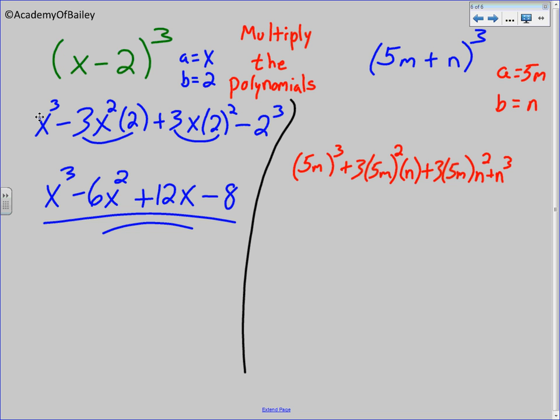Checking over the exponents just to make sure I have them written down properly. Signs are right, and let's go ahead and simplify. 5 cubed is 125. Let's see, we have 5 squared, which is 25, multiplied by 3, which will give us 75.